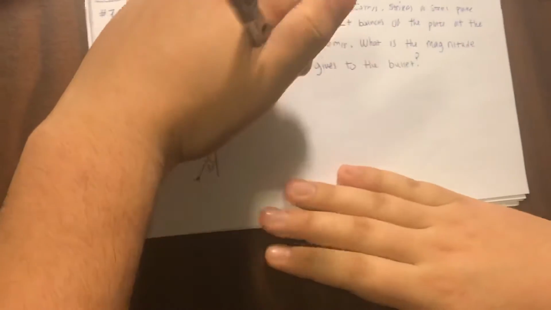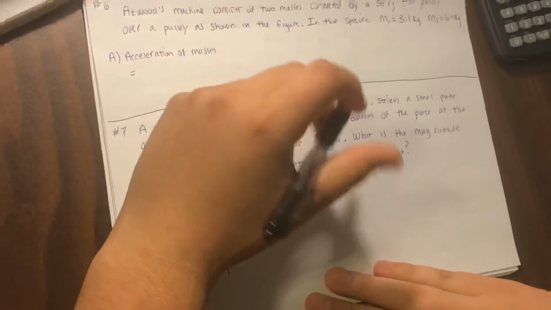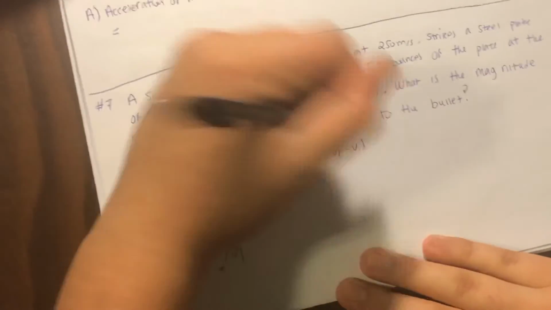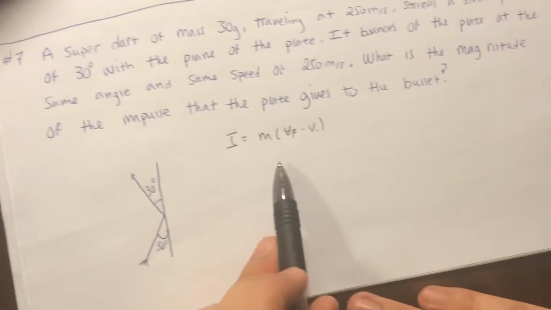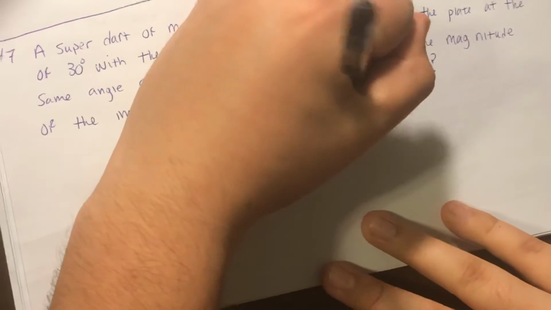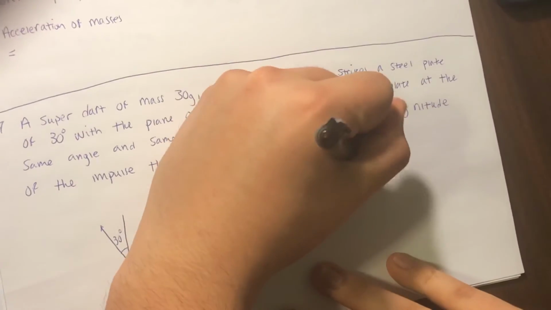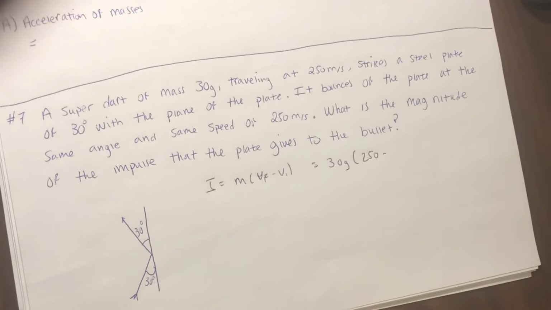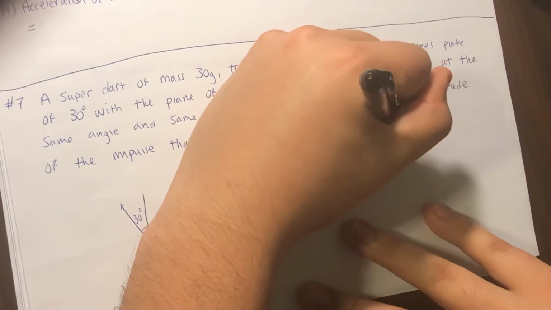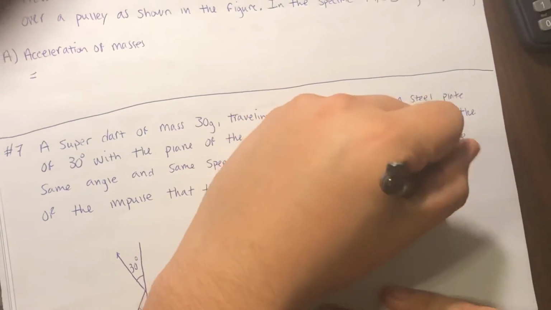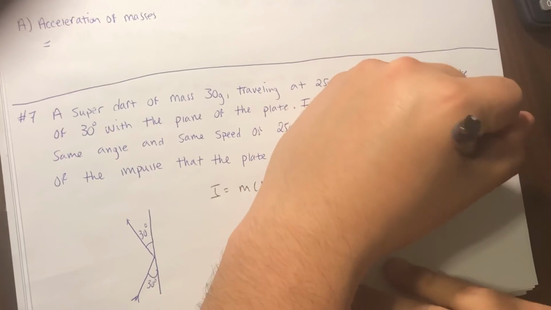So the formula that I used was impulse equals mass times velocity final minus velocity initial. So that is mass equals 30 grams times velocity final, which is at the same speed, which is 250, minus velocity initial, which is 250. So that equals 30 times 0, which equals 0.